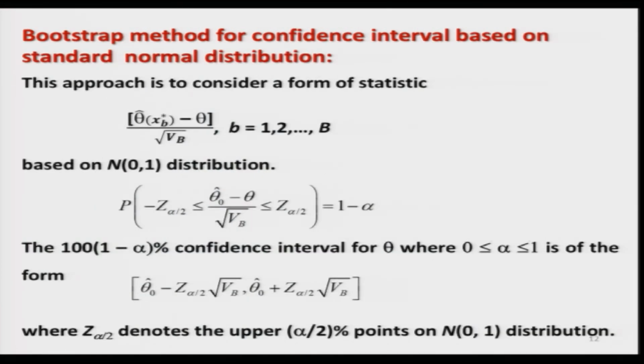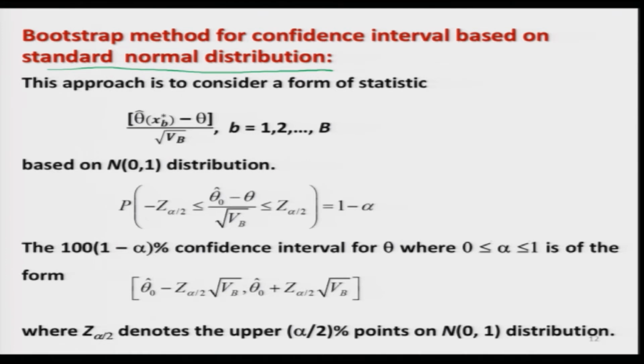Okay, so now I come to the next approach, which is based on the use of the standard normal distribution, normal 0 1. In this approach we simply use the basic concept that was used in classical statistical inference for the construction of confidence interval.